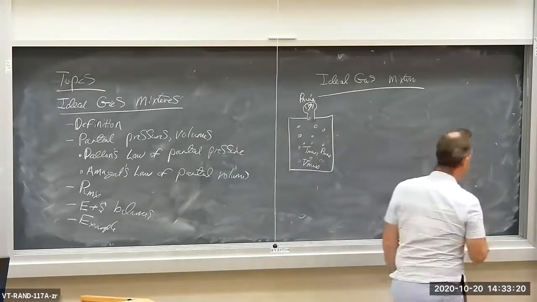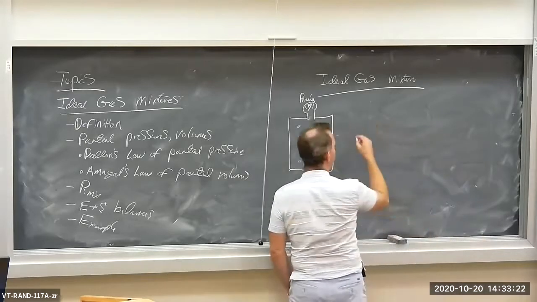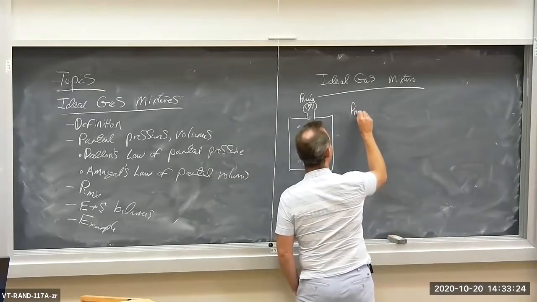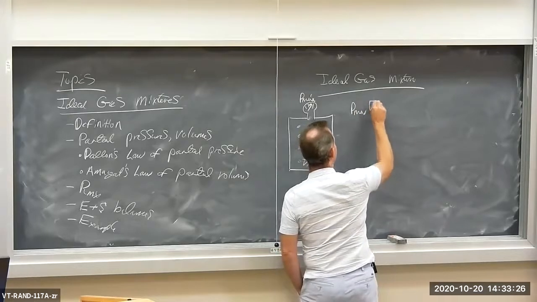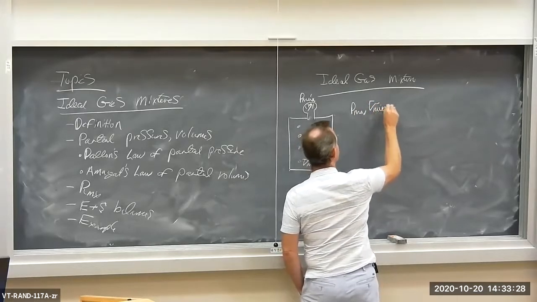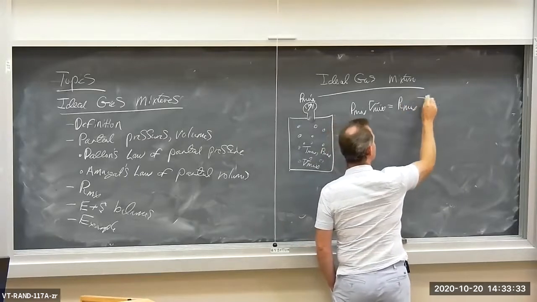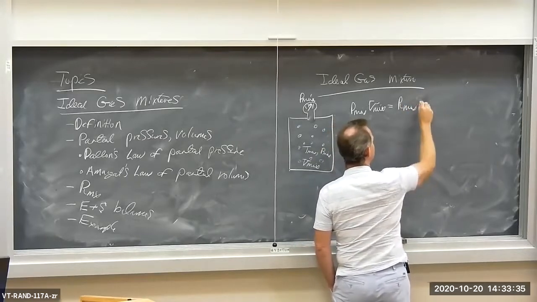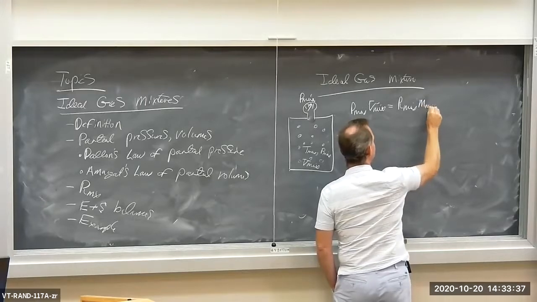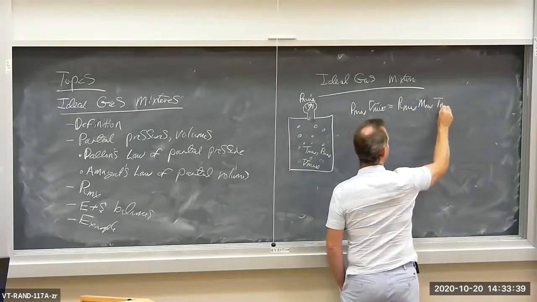And the idea here is that the mixture obeys the ideal gas law. So P mix V mix is equal to the gas constant for the mixture times the mass of the mixture times the temperature of the mixture.